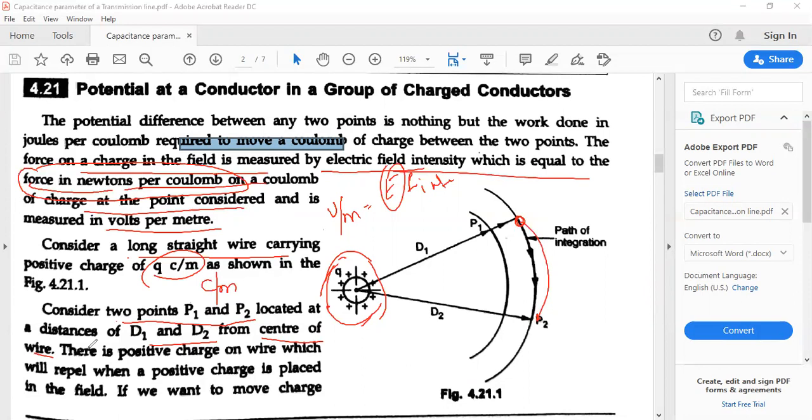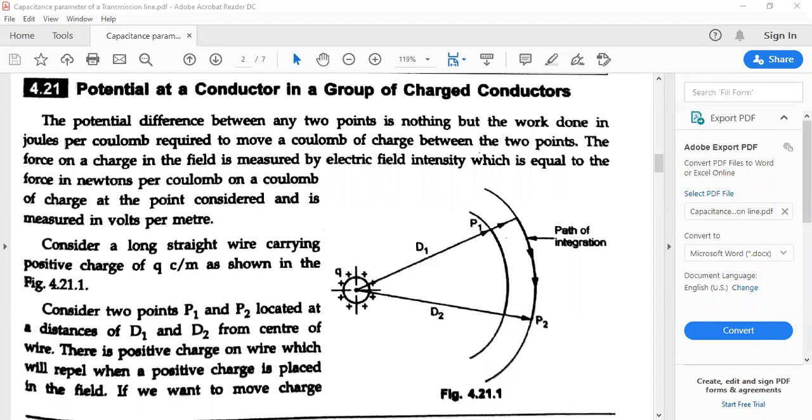Over the surface of the charged conductor, the positive charge is present on the wire, which will repel. If repelling action is to take place, you will have a positive charge on the wire which will repel a positive charge placed in the field.